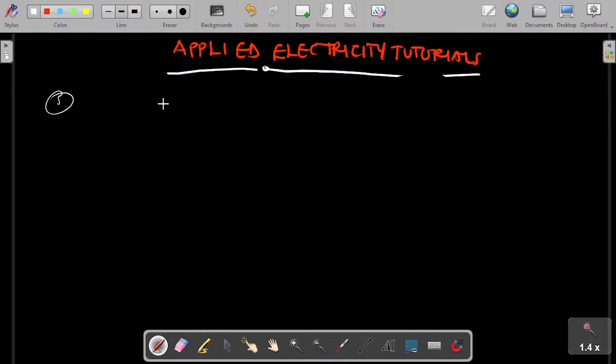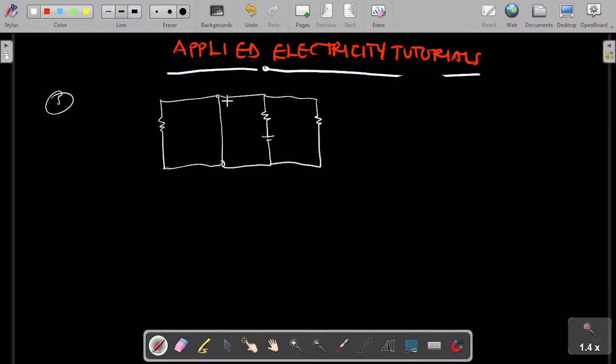I have this circuit here. Then this goes here. So I have this to be 2 ohms, 7 volts. This is 5 ohms. Then I have this to be 4 ohms. We have to find the current.